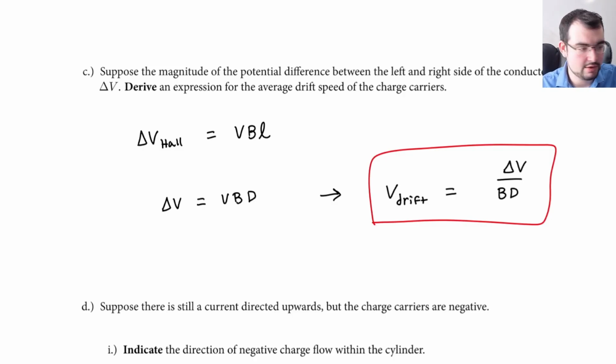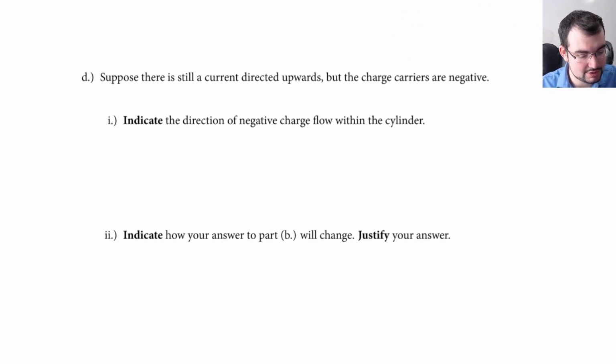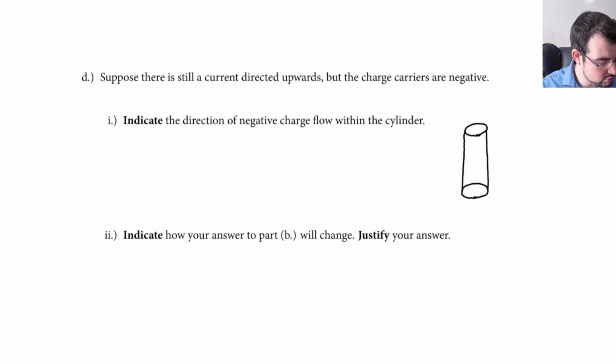All right, suppose now there's still a current directed upwards, but the charge carriers are negative. This at first should seem confusing. How do you have an upward current, but charges are negative? Well, remember that conventional current is not necessarily the real motion of charge carriers. Conventional current just tells us the way positive charges would move. So one way you can get a current towards the top of the page is just having pluses move that way.